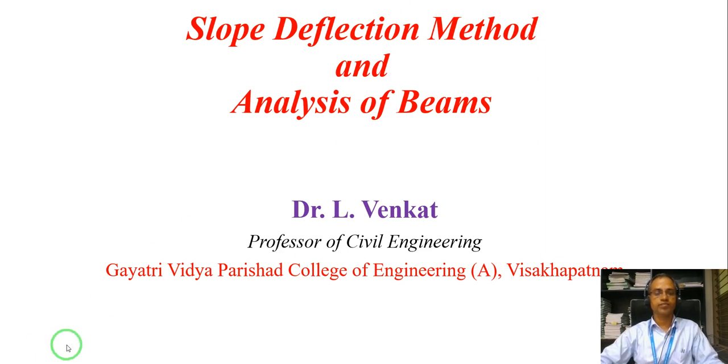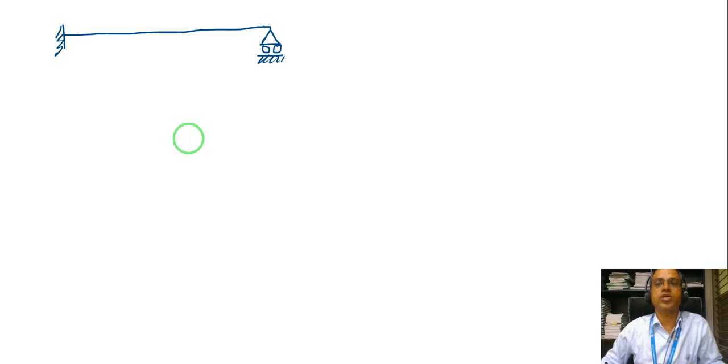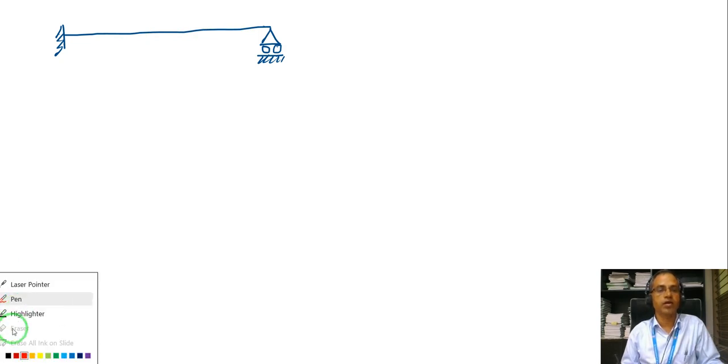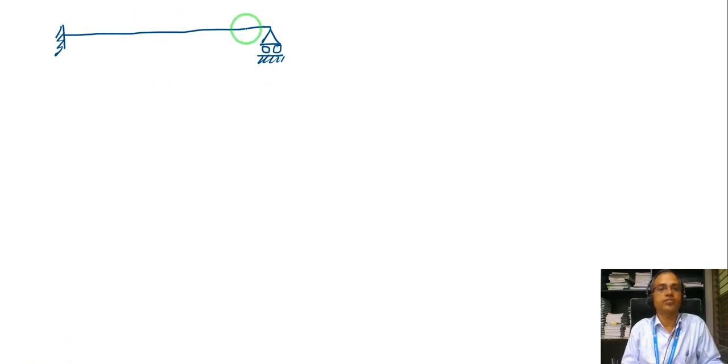So let us see how a continuous beam can be analyzed using the slope deflection method. So if you see what is a slope deflection method, that means when you apply a rotation, right?